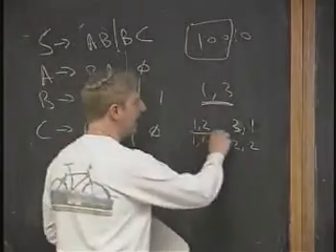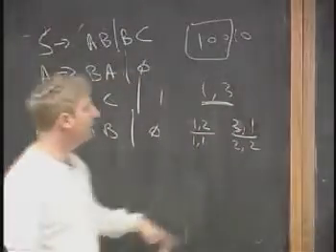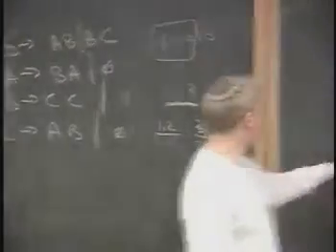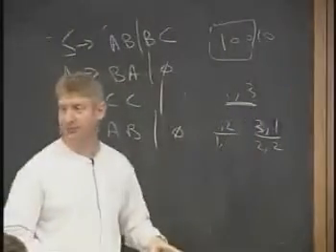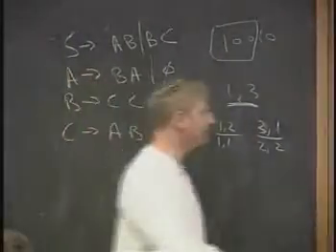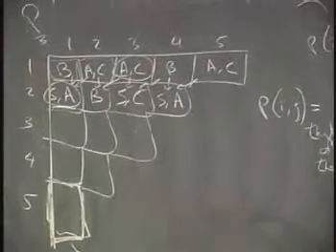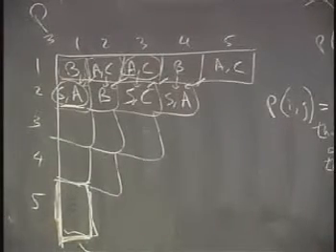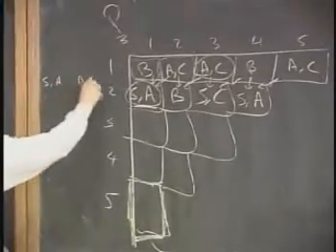So let's look in this box and see what we get, and see if we get any combinations. 1, 2 gives us SA. 3, 1 gives us... What? We didn't do 3, 1 yet, huh? Oh, yes, we did. That's lucky. 1, 2 is SA. 3, 1 is AC.